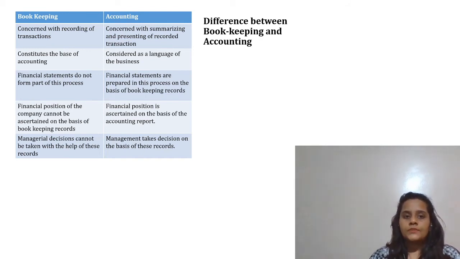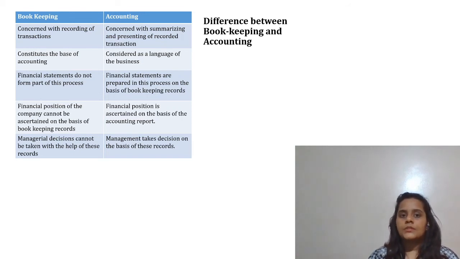All further steps, all the information that is prepared, the reports like balance sheet and PL, are on the basis of that recorded information, whereas accounting is considered as the language of business. The financial statements do not form part of the bookkeeping process because it is only concerned with recording, whereas the financial statements are prepared in the process of accounting on the basis of bookkeeping records.